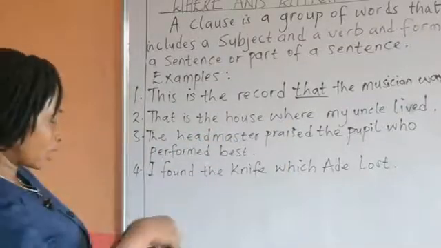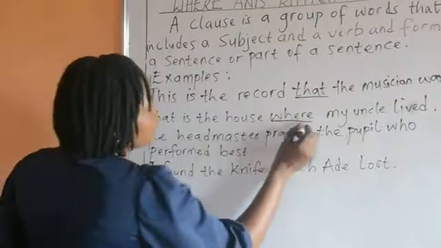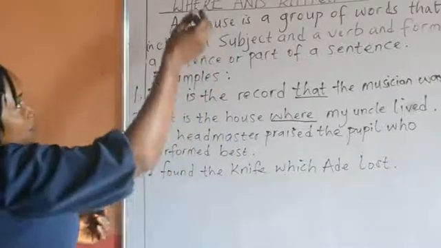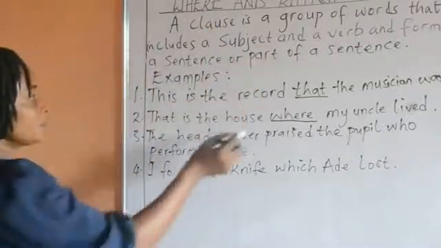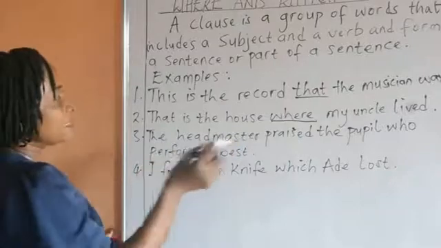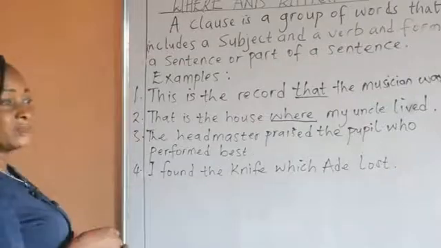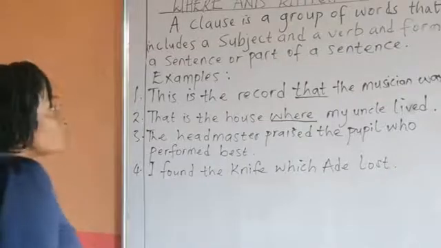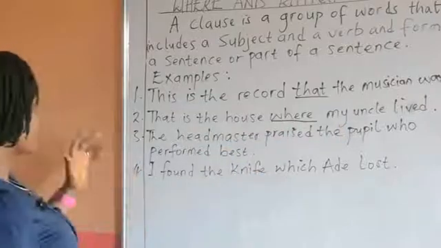The clause in this particular sentence is the word where. Do not forget where. Where is what we're introducing, where, who, that, and which. So where. That is the house where my uncle lived. That's my uncle lived there before. That means my uncle does not live there anymore because it is talking about the past tense.